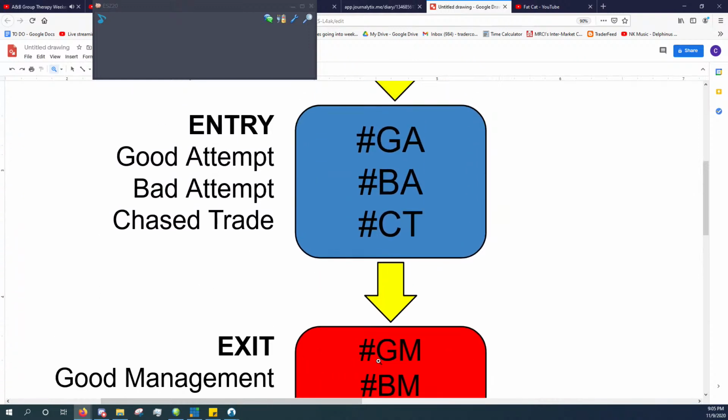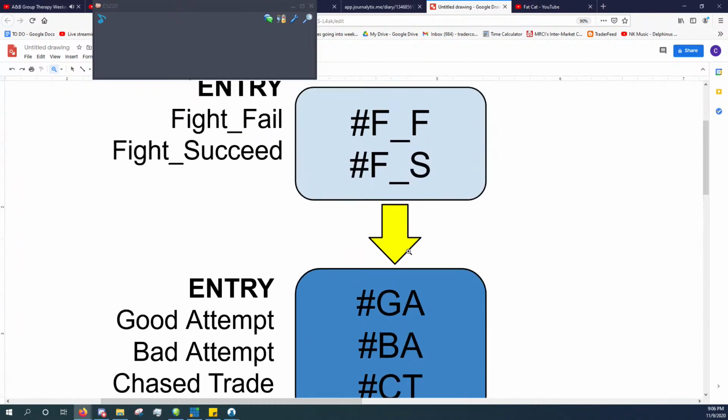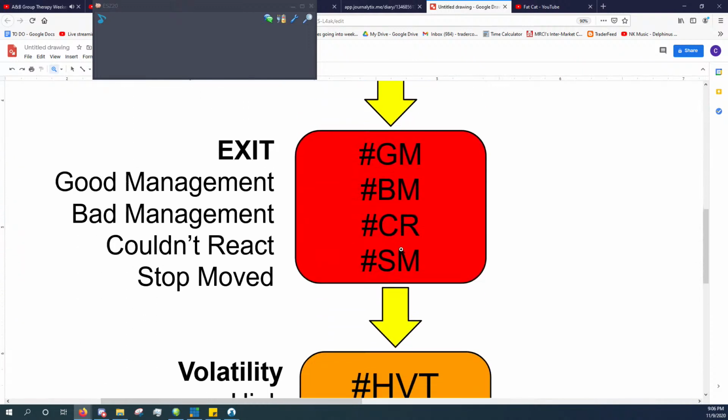And then what I can do is look at all my good managements and look at just this hashtag with all three of these hashtags. Then I can see statistically what's going on in there, if that makes sense. How are my good managements? Are they with good attempts or bad attempts? So you can see there's a ton of combinations for looking at the statistics on these things.